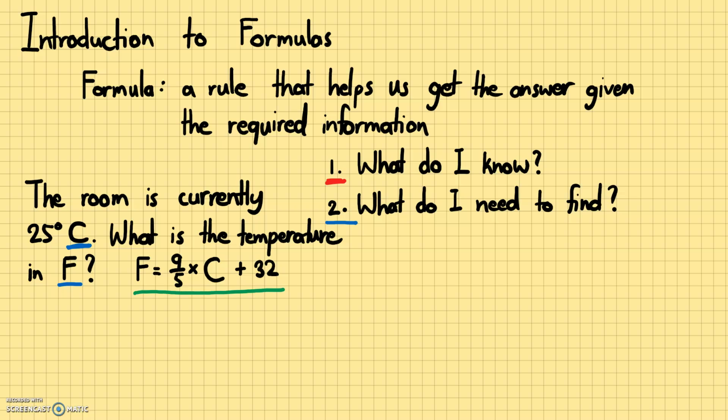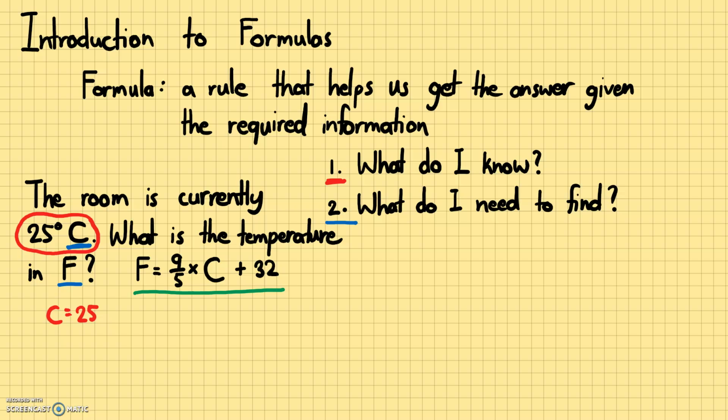So let's ask our two questions. What do I know? I know that the room is currently 25 degrees Celsius. So we know that C equals 25. And the second part, what do I need to find?